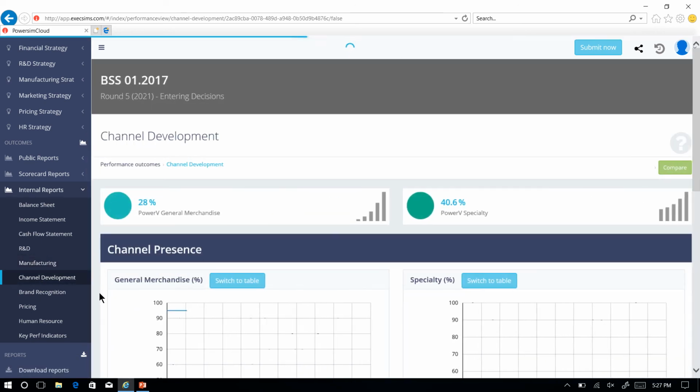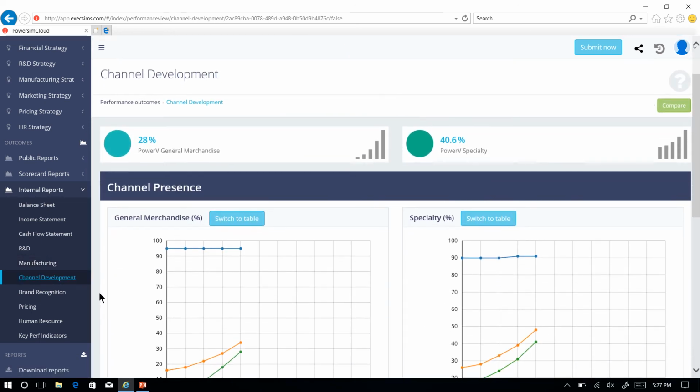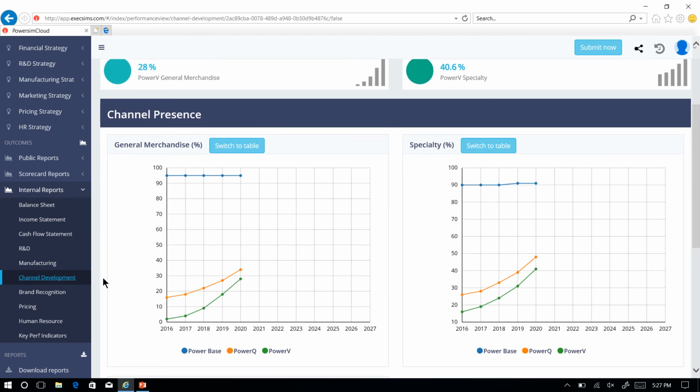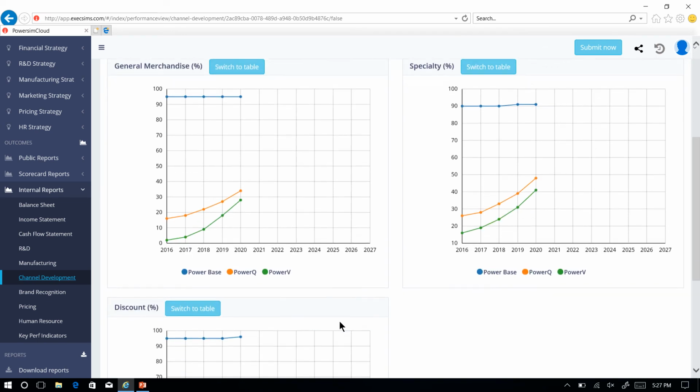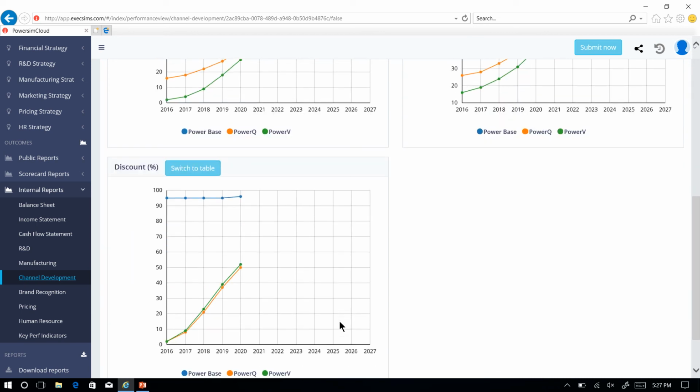So next we'll be looking at channel development. So here we're looking at the channel presence. We have the general merchandise percentage and then the specialty percentage for each product. Then we have the discount percentage.